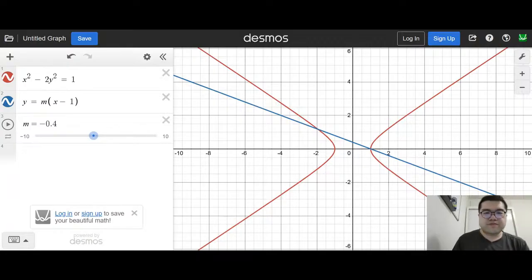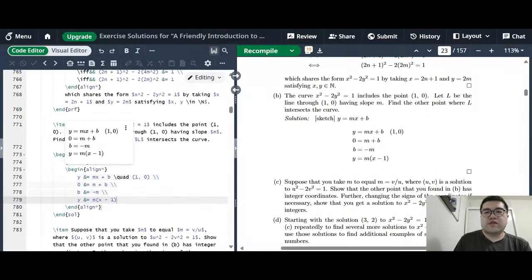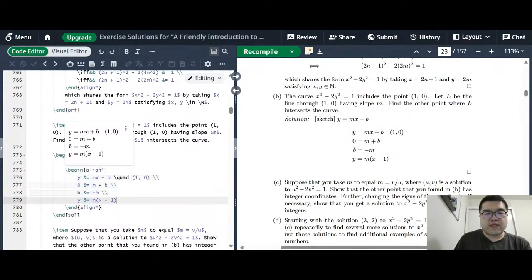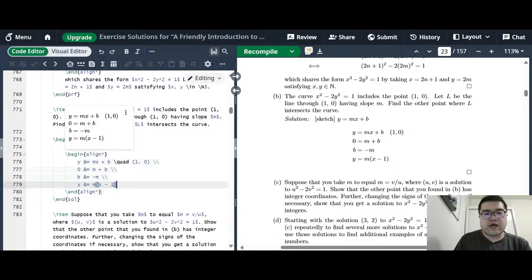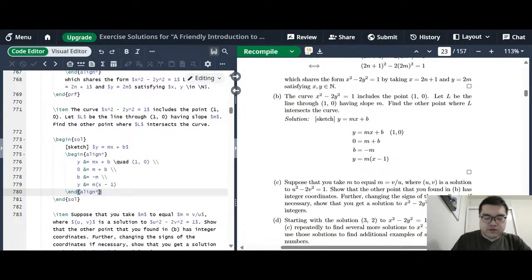So now we're going to substitute back into our equation. What we need is to find the x and y values of the other point. As we have this expression, we can now substitute. Let's solve for x first.